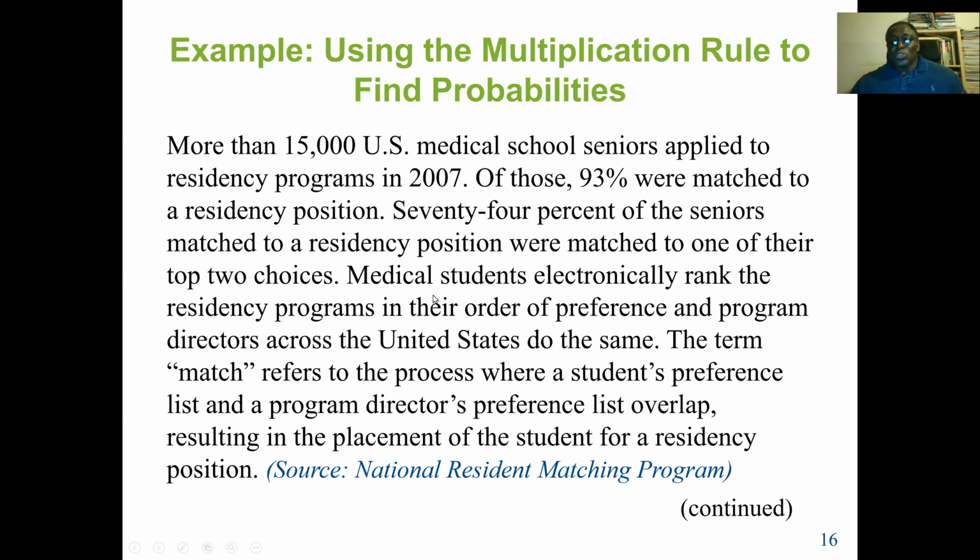Medical students electronically rank the residence programs in their order of preferences, and program directors across the United States do the same. The term match refers to the process where a student's preferences list and a program director's preferences list overlap, resulting in a placement of a student for residence position.